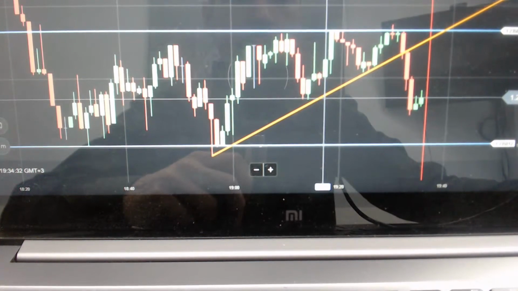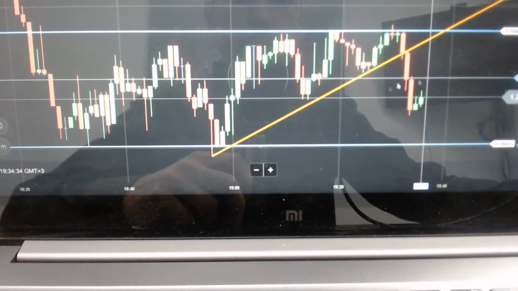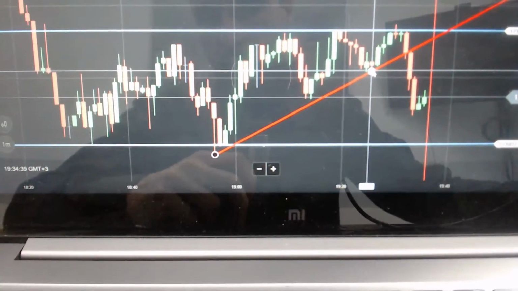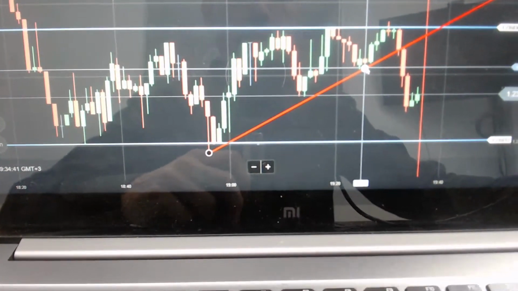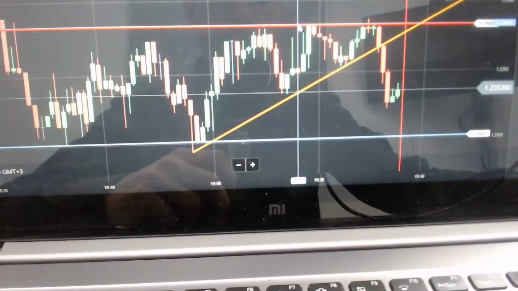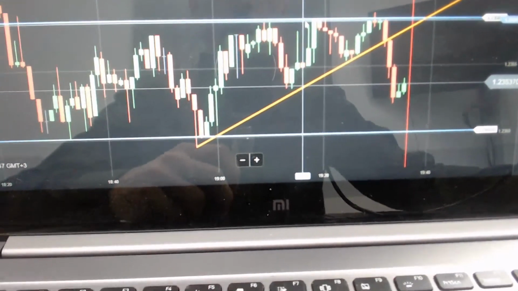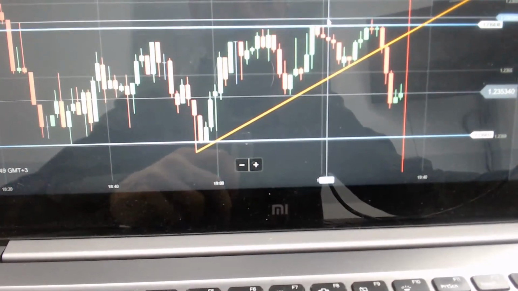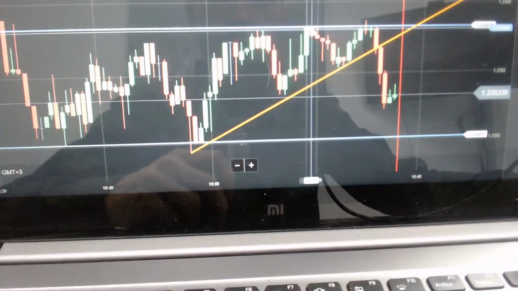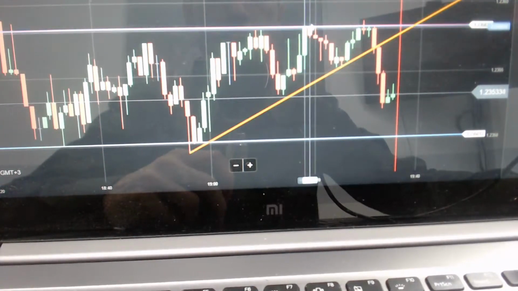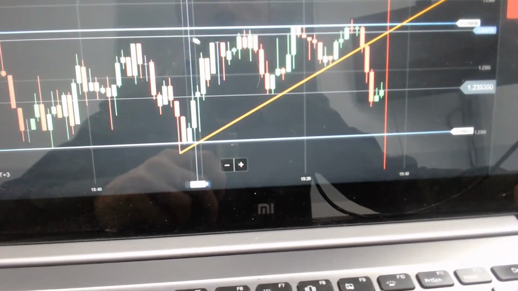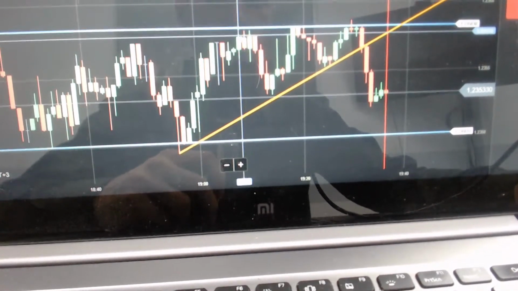So the main idea of any level is that, except for 2 points, we have to find more for constructing it truly right. For horizontals especially, the more points of reflection we have, the more rebounds of the price, the more points we have on or nearby this level, the stronger the level is.